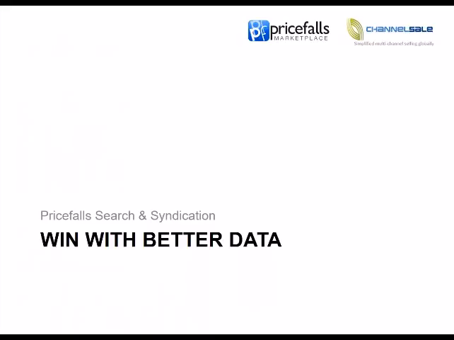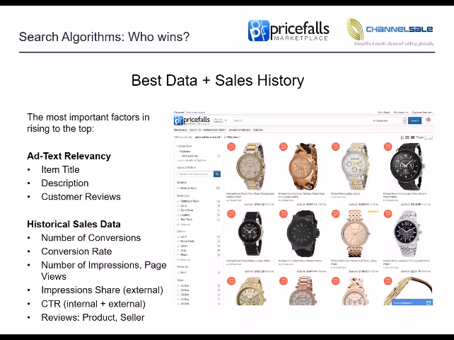So now going into how Pricefalls search engine works and why data matters for us and for syndication purposes. Typically, when you're looking at what wins search on Pricefalls, number one, there's ad text relevancy, right? So you need the correct information and keywords in your titles.